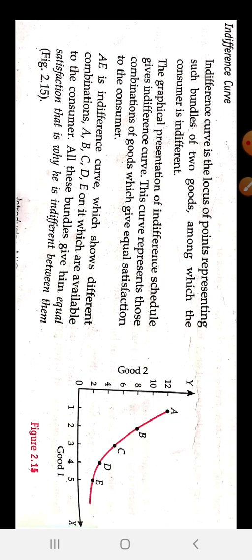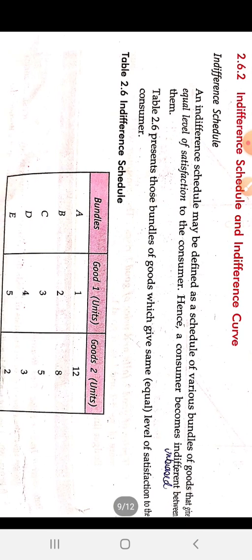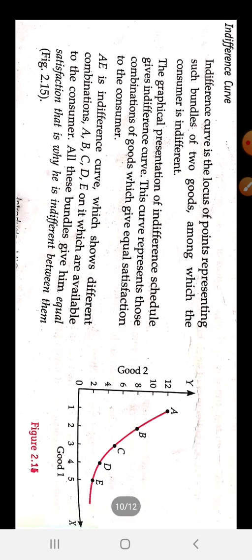When we put all these points, bundles A, B, C, D, E, on a graph, it gives us the indifference curve. This curve represents those combinations of goods which give equal satisfaction to the consumer.